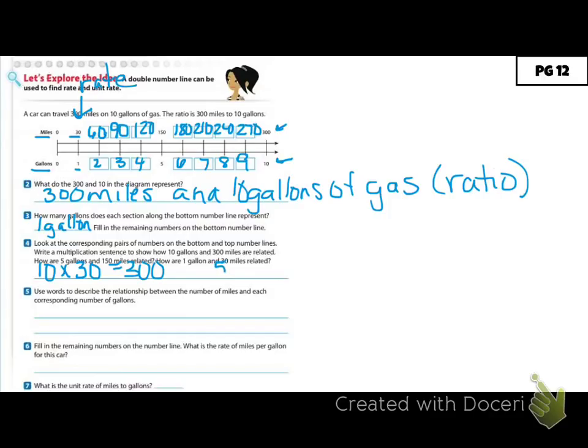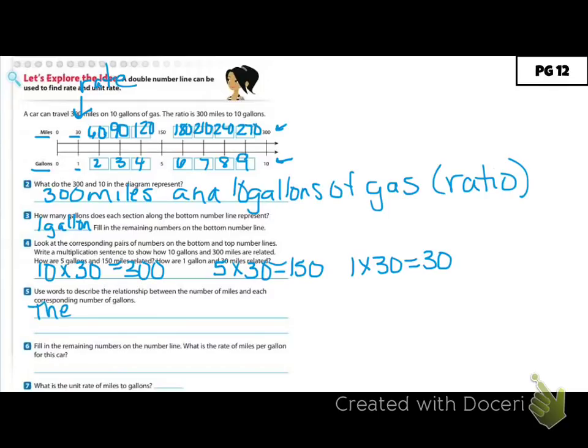Our 5 gallons, we'd multiply also by 30 to get 150. And then our 1 gallon, we're multiplying by 30 to get 30. Because we've already talked about it going up by 30, so each gallon you're going to multiply it by 30.